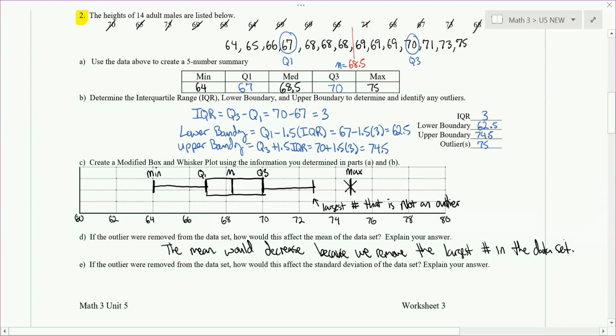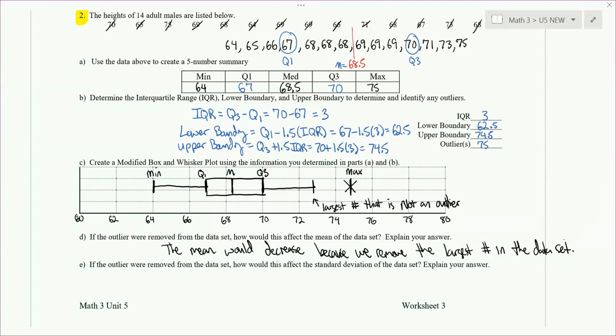Part E, if the outlier were removed from the dataset, how would this affect the standard deviation of the dataset? Explain your answer. The standard deviation, if you remember, is based on differences from the mean, and your maximum or your outliers are furthest from the center of your data. So the outliers contribute to a larger difference, which contributes to a larger standard deviation.